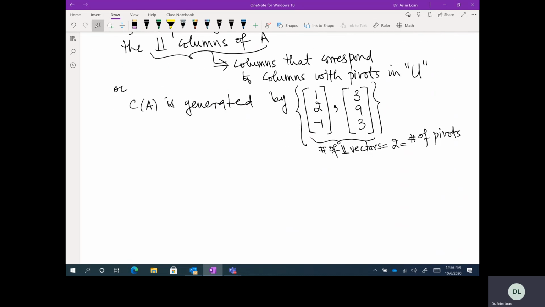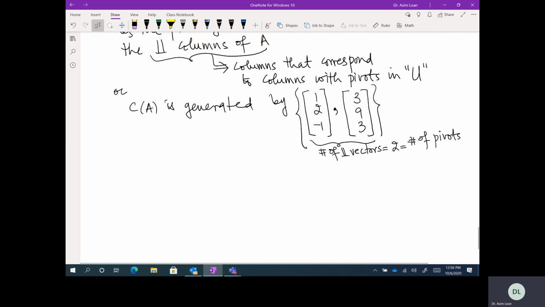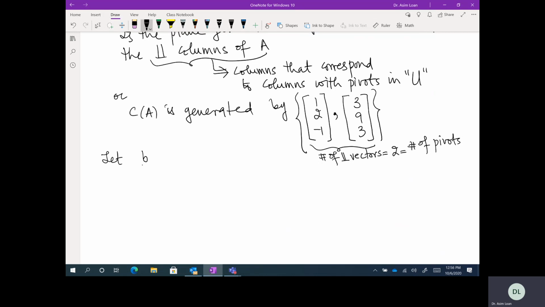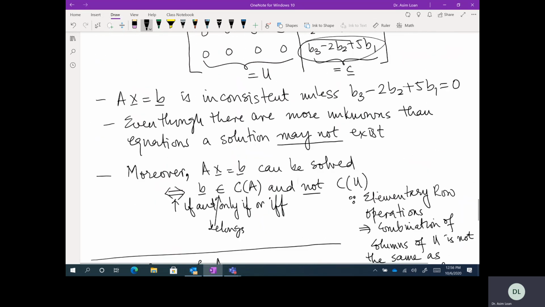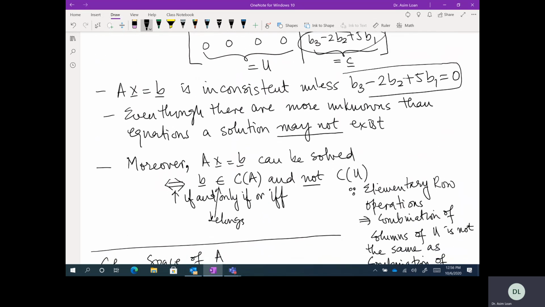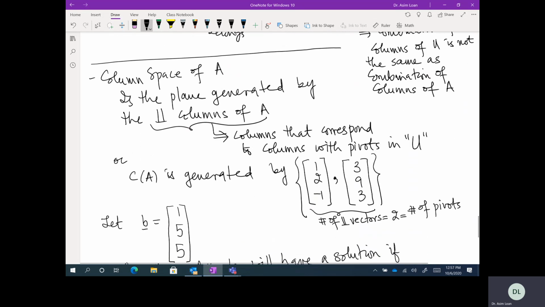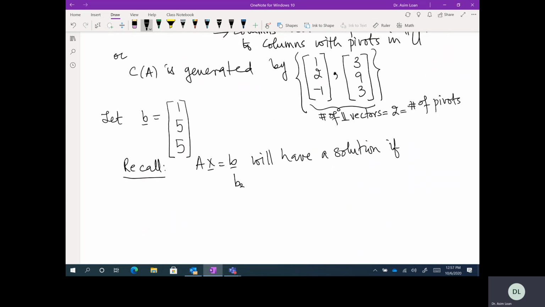Let's see. Let b be equal to (1, 5, 5). Recall that we said Ax = b will have a solution if b3 minus 2b2 plus 5b1 equals 0.